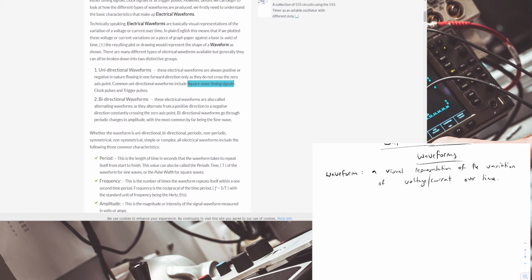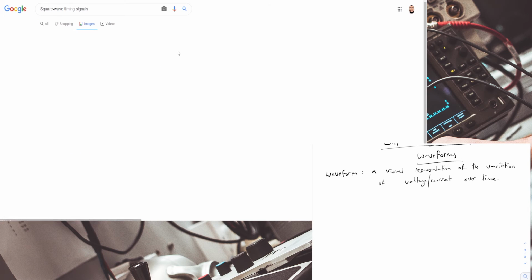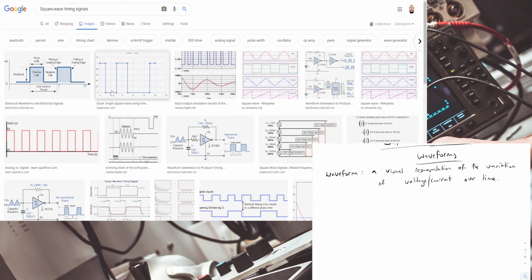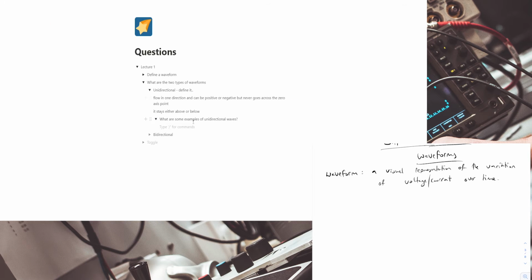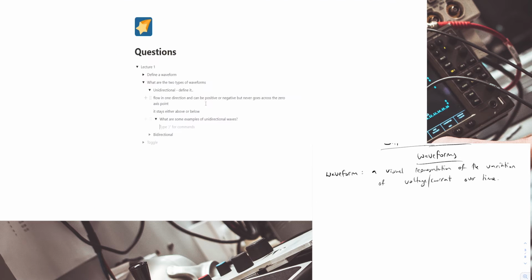I don't really know what that is. Is that just like clock pulses basically? A clock signal is a square wave with a fixed period. I don't know what that is, so I'm just going to go with what they mentioned: clock pulses and trigger pulses, because I know what those are.